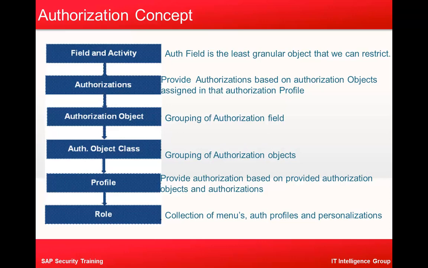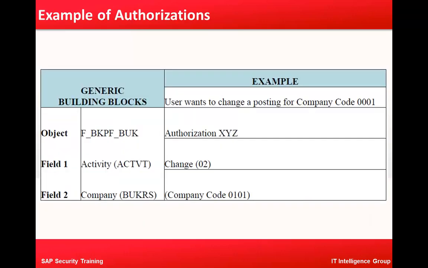The way we manage them for the company is, suppose I want to create an authorization concept for the company, and we define roles based on the org structure, based on the different departments. Here you can see an example of an authorization where a user, a finance clerk, is trying to change a posting for company code 0001.